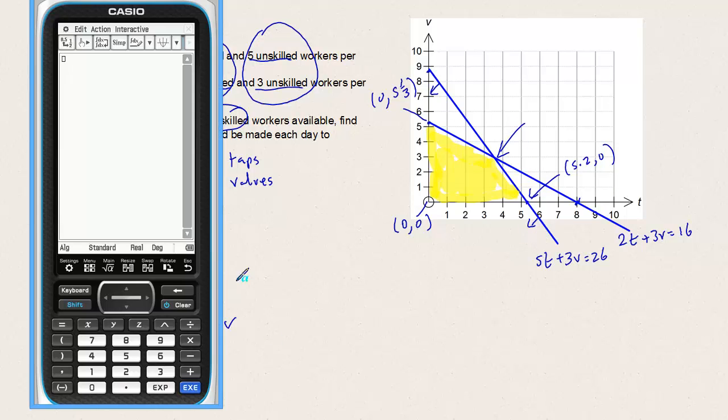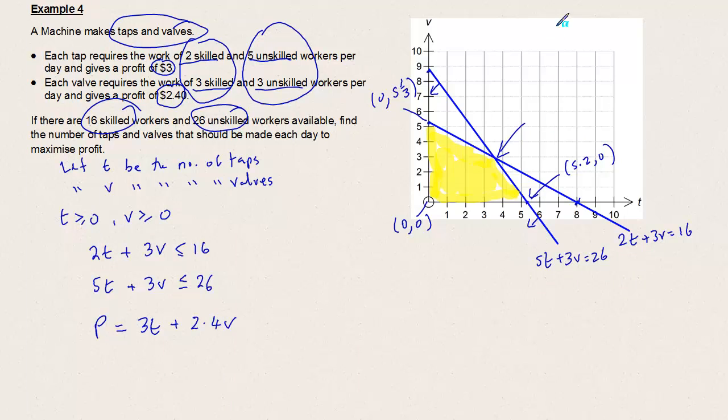So what we could do is get the calculator and solve some simultaneous equations. So we need to solve 5t plus 3v is 26 and 2t plus 3v is 16. And if we do that, we find that this one is at 3.33 and 3.111, and I think these are actually recurring decimals here.